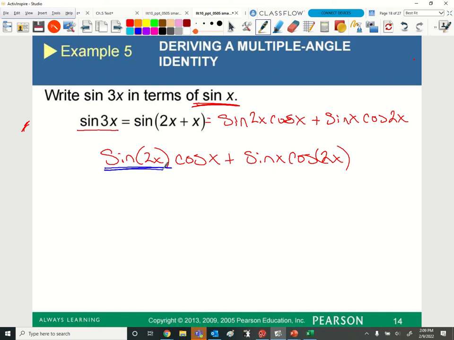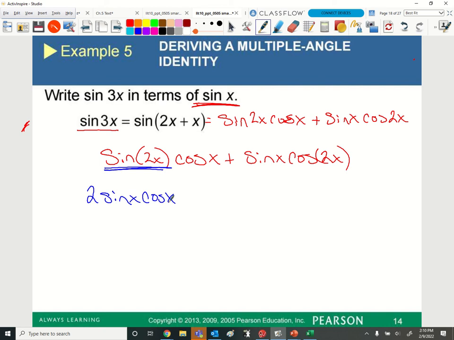I only have one double identity for sine. I'm going to use that right there. So my double identity for sine, from my reference sheet or my notes, is going to turn this into 2 sine x cosine x. Right?